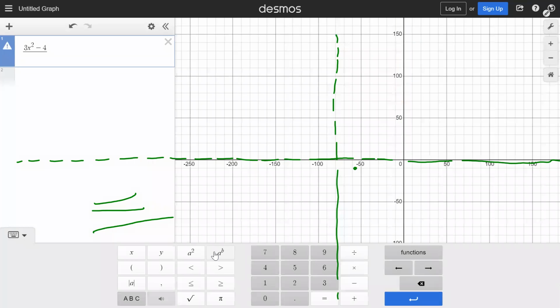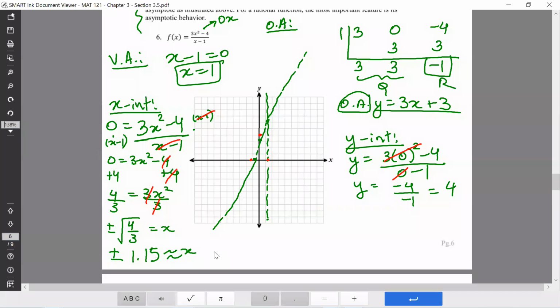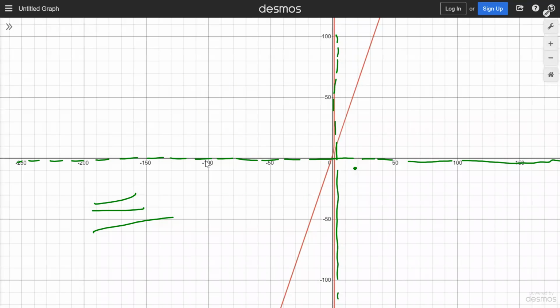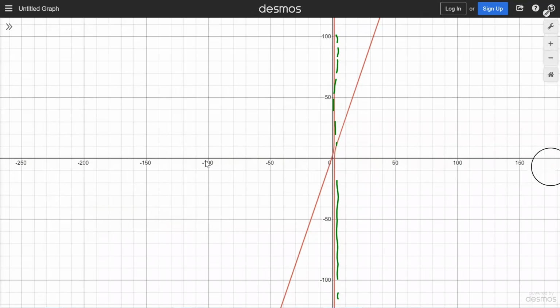And then the whole thing divided by x minus 1.